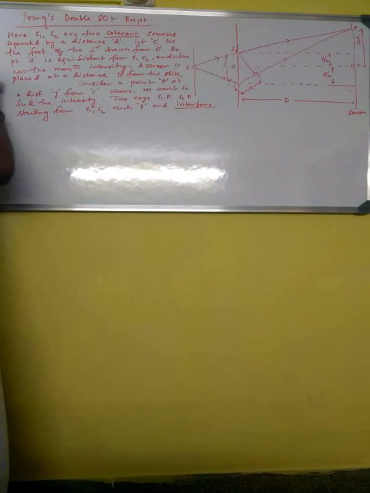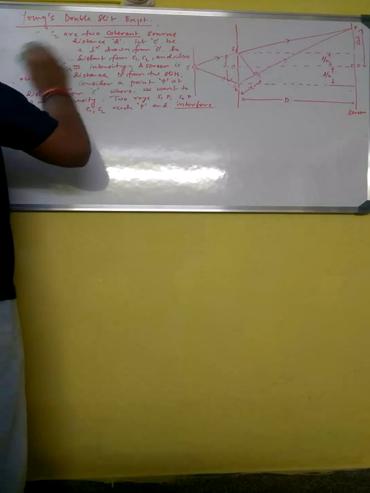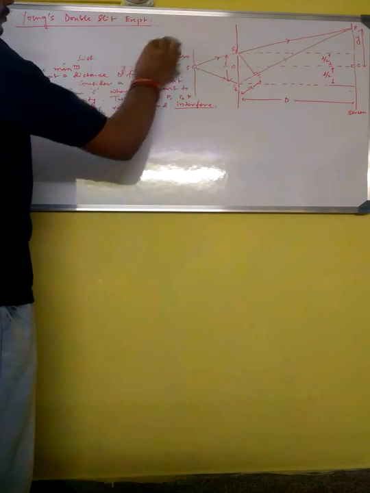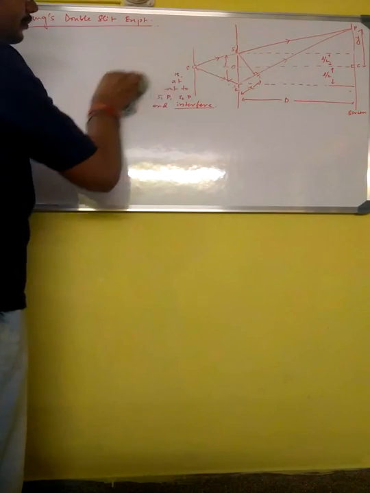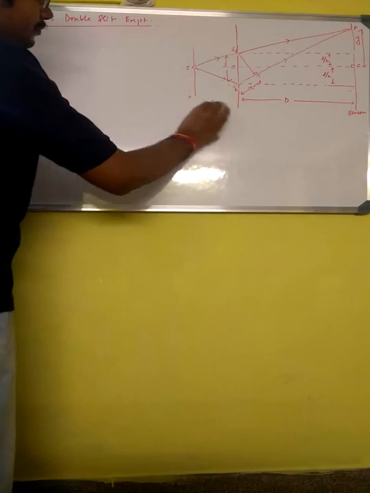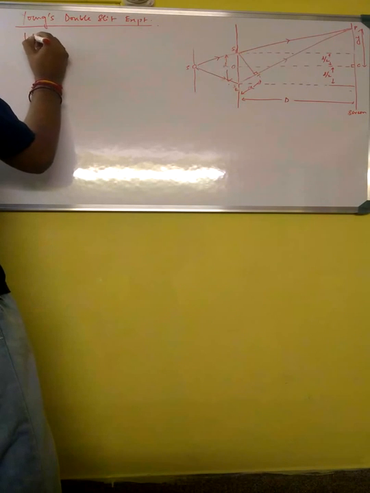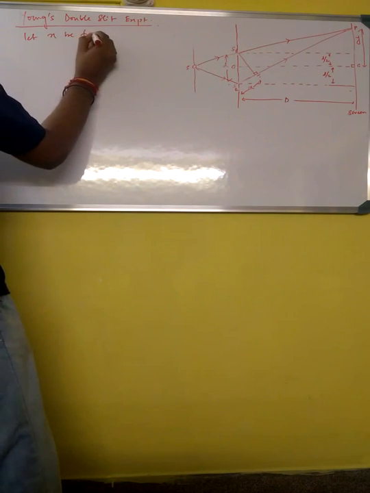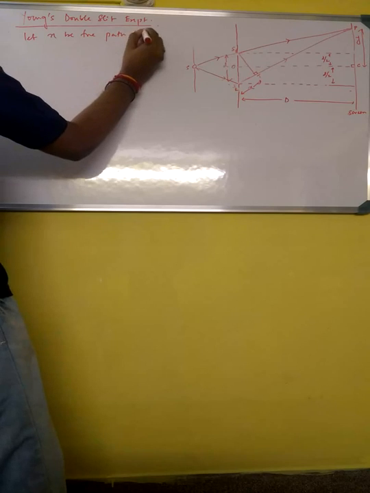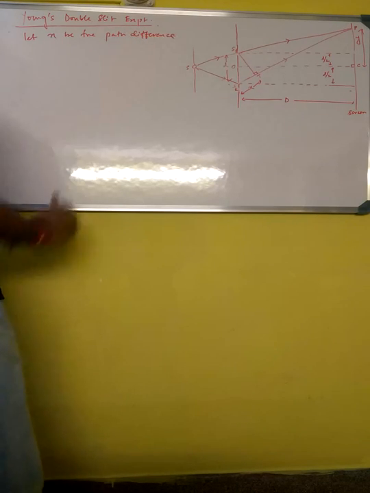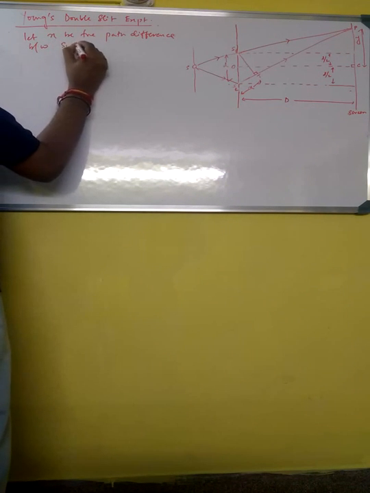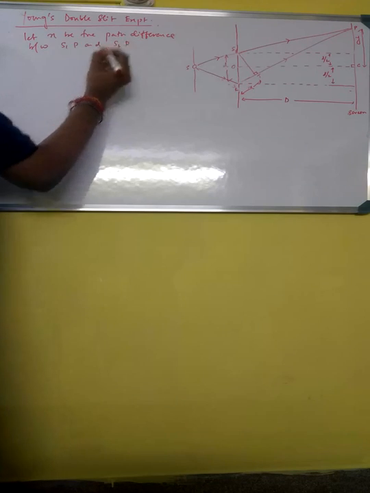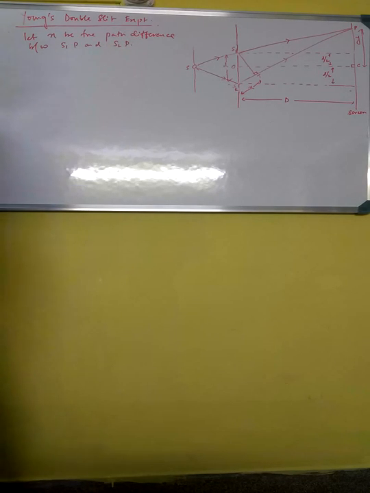So we'll start by writing: let x be the path difference between these two rays S1P and S2P. Clear?